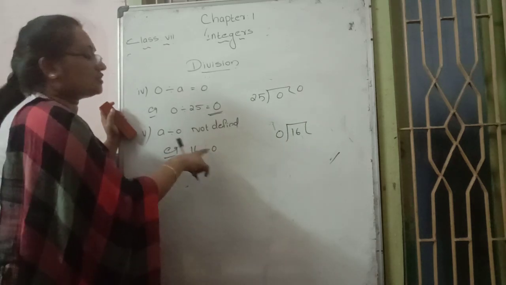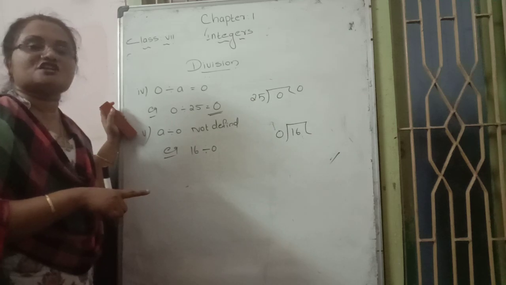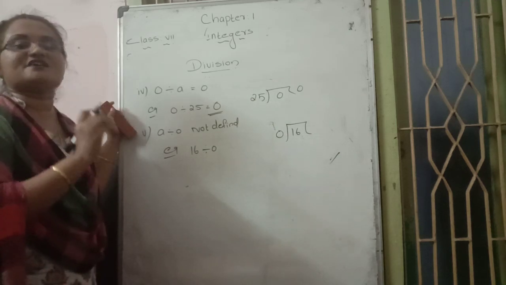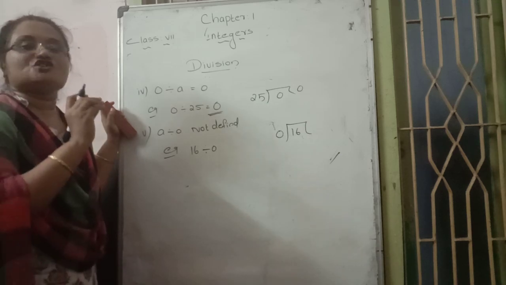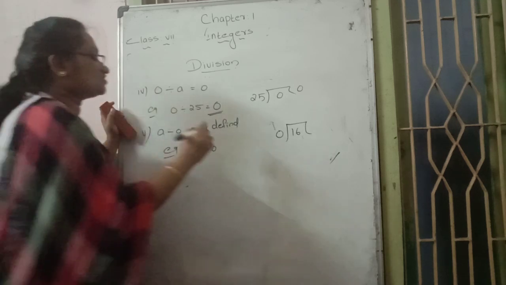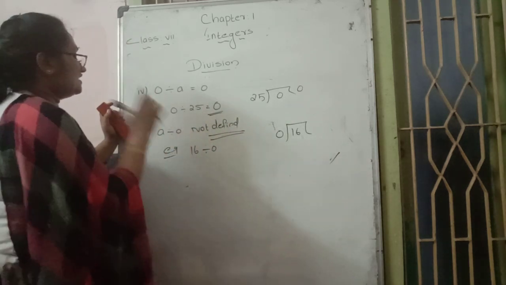The divisor is our 0 and the dividend is 16. Is it possible to divide? Is there a 0 table 16? No, nothing is there. Any number multiplied with 0 we get 0. That's why 0 table 16 is not coming, so it is not defined. That is the meaning of this fifth rule.